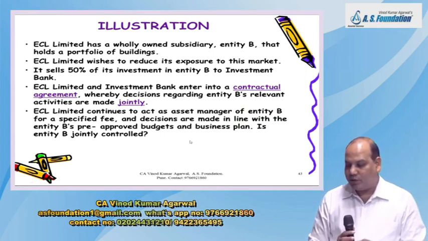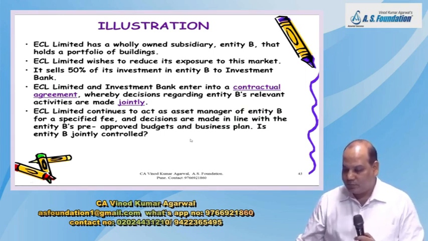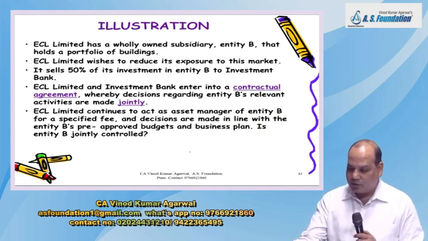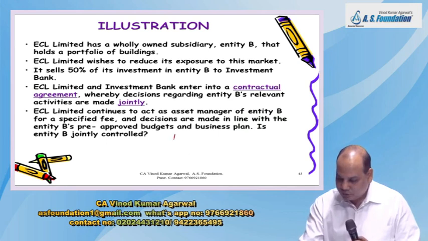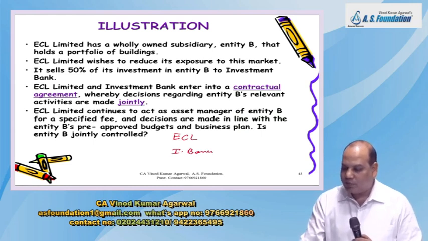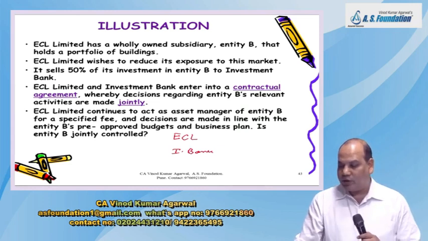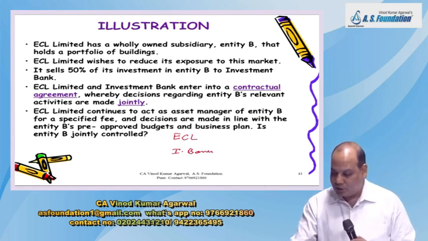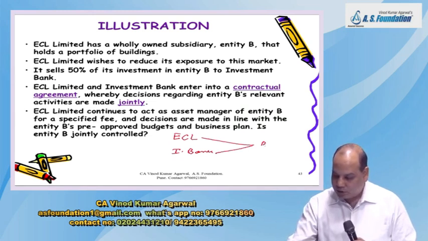It sells 50% of the investment in entity B to an investment bank. So there is ECL and one investment bank. ECL and the investment bank enter into a contractual agreement whereby decisions regarding entity B's relevant activities are made jointly.